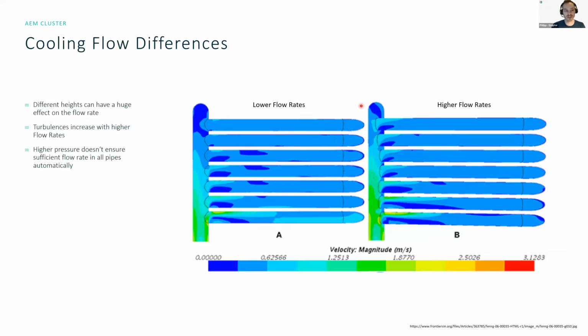So what has to be considered when you set up your cooling liquid and cooling cycle? Here in this graph, we can see that the flow rate depends a lot on the position of the electrolyzer.